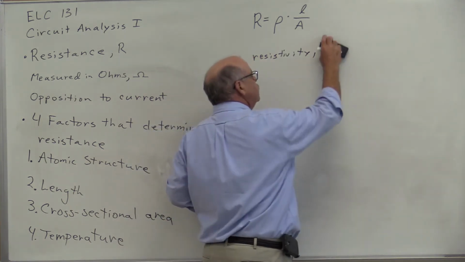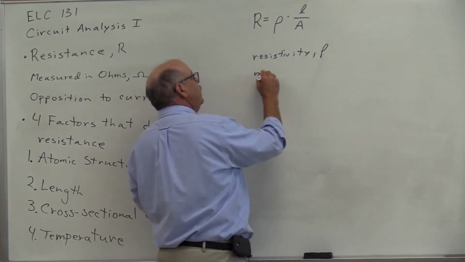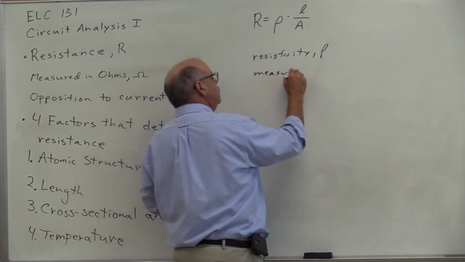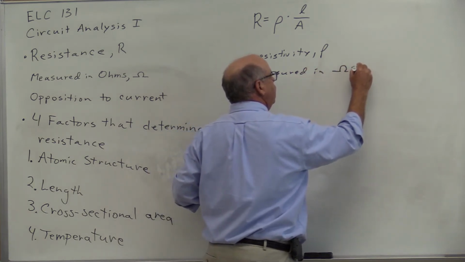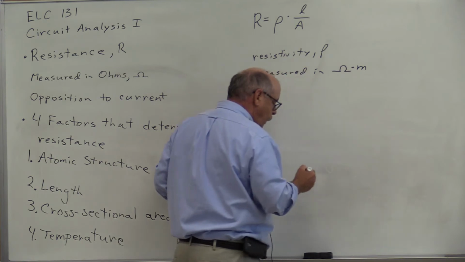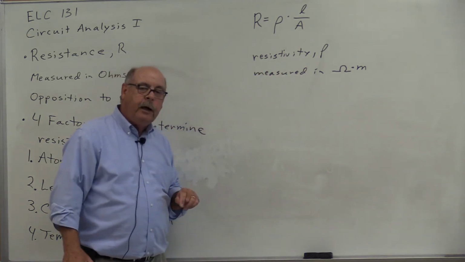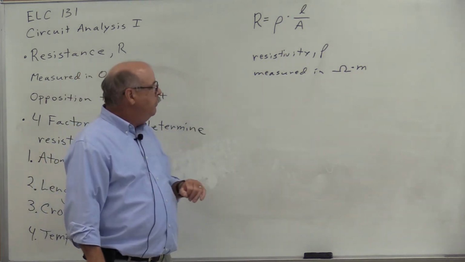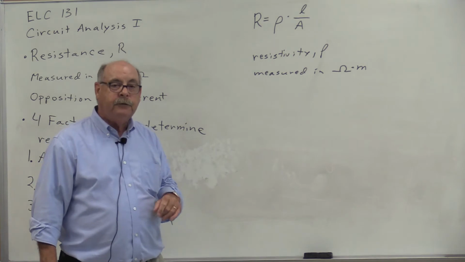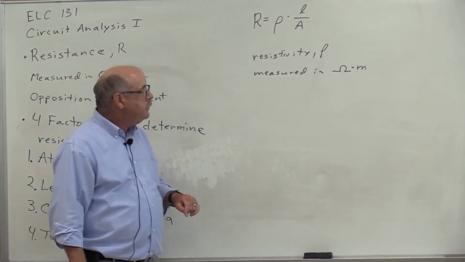And rho is measured in ohm meters. Now, a supplemental document will be provided under course resources that provides the resistivity of selected materials at 25 degrees Celsius.